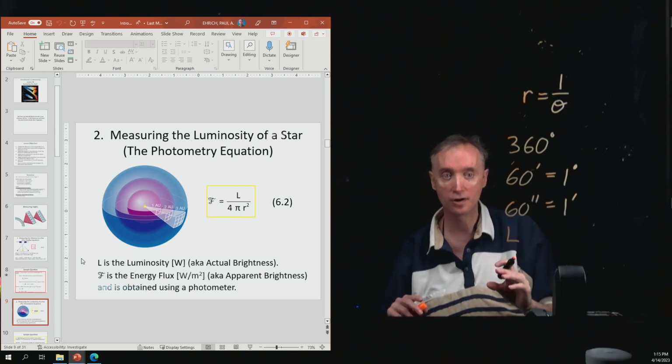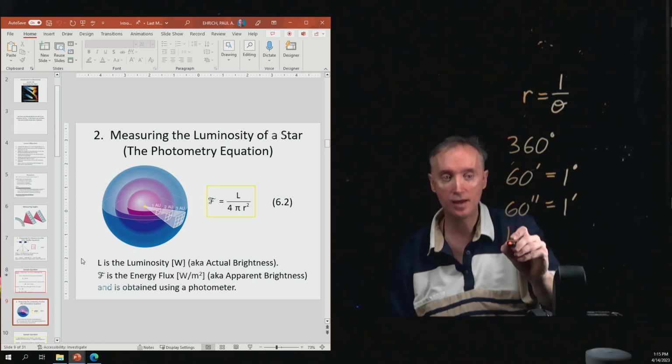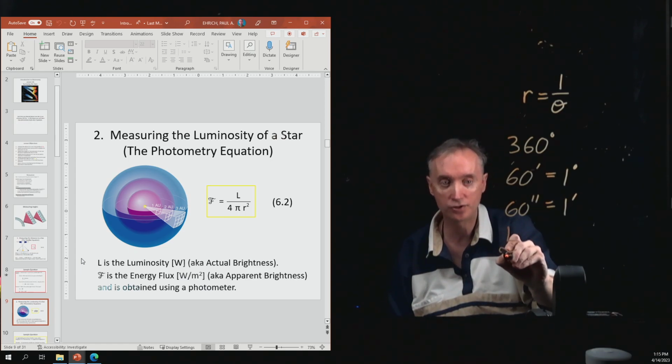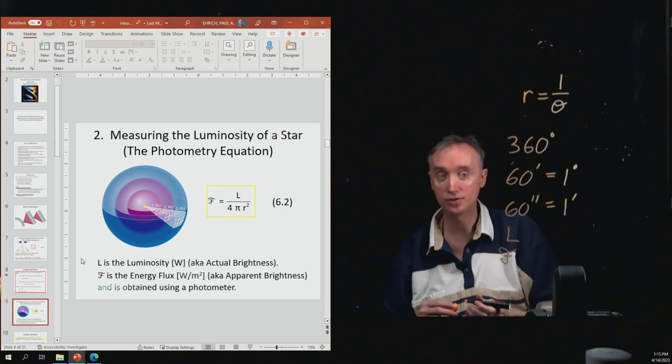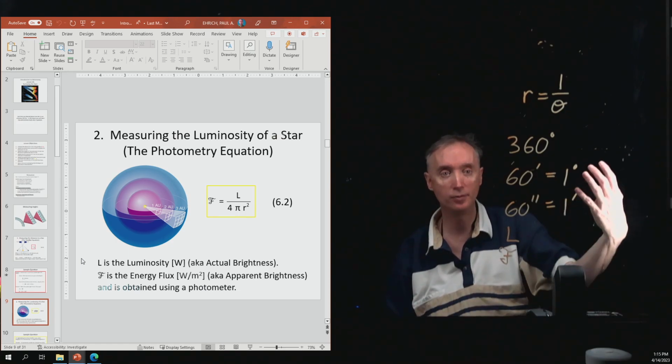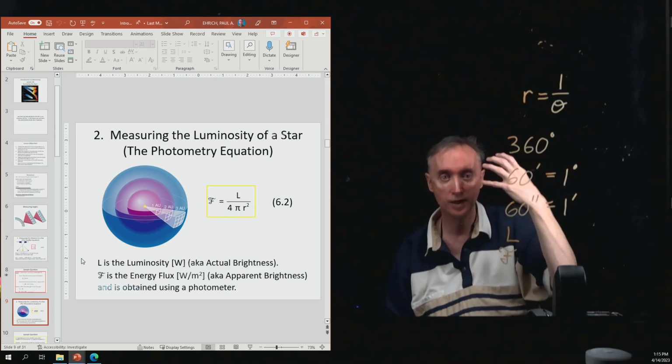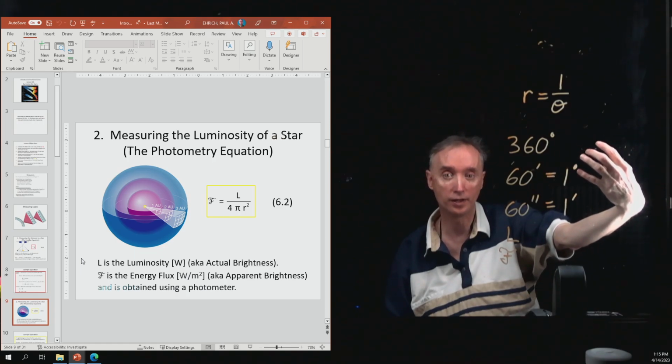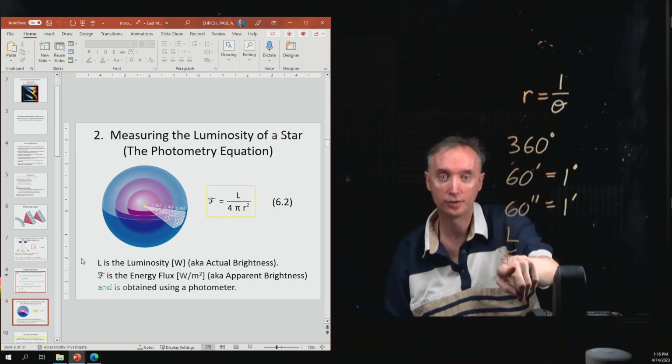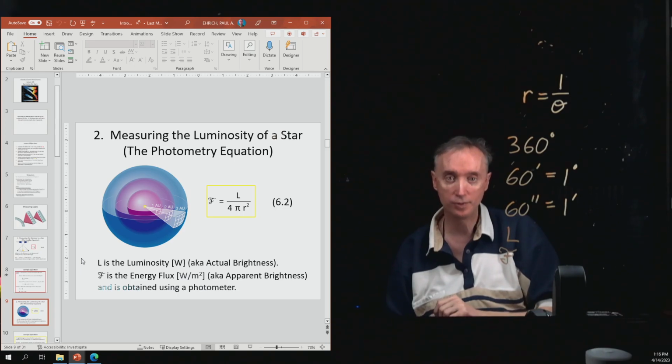So every star has a certain real brightness. Now the F, on the other hand, changes. This is the apparent brightness, and that one does change. Something is very bright if it's close to you, and it looks dimmer the further away it gets. So that's the F. The R is going to be the distance away from you.